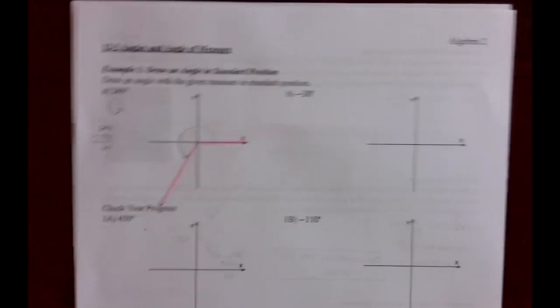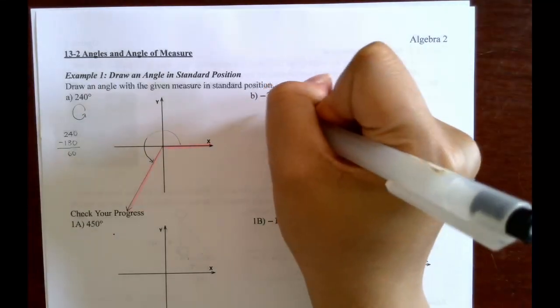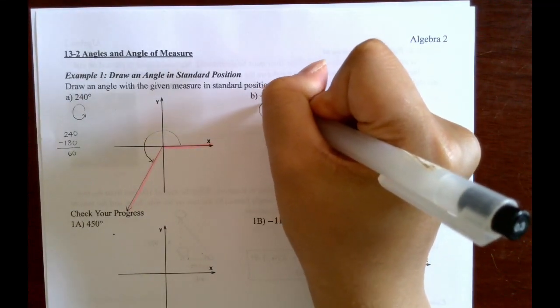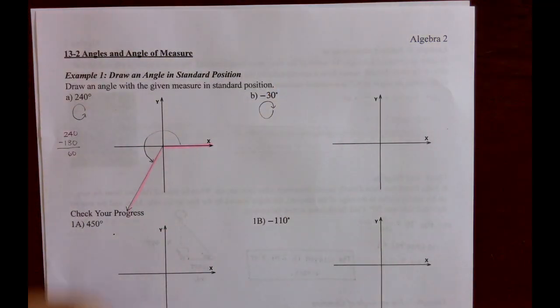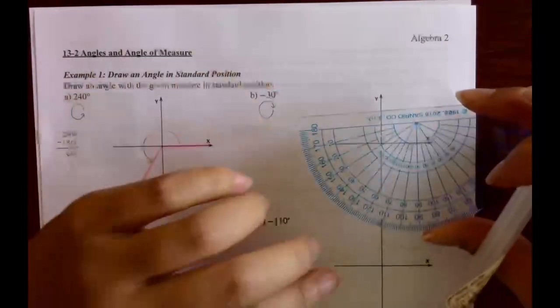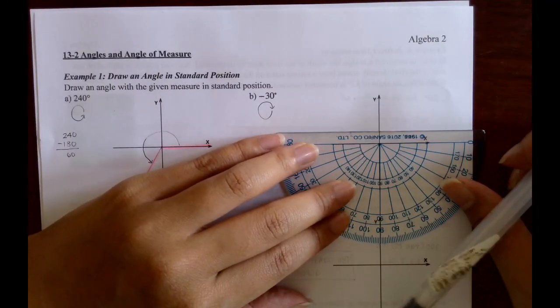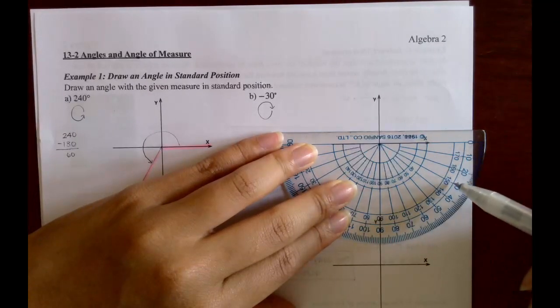Then this one is negative 30 degrees. Since it's negative, that means it's clockwise, so it will go this way. Since it's going this way, I'm going to match up my protractor to here. Then it's going to point to this 0 and then go to 30.